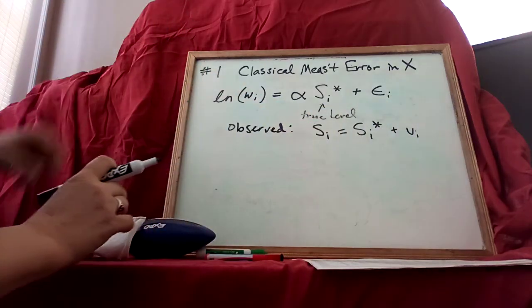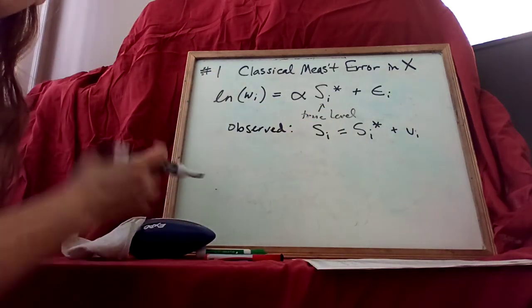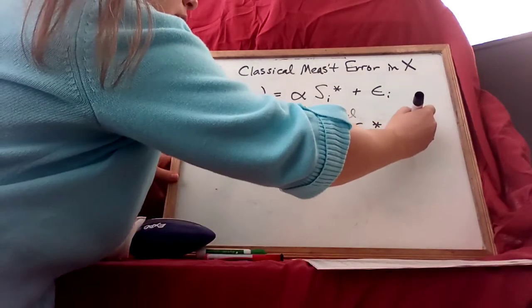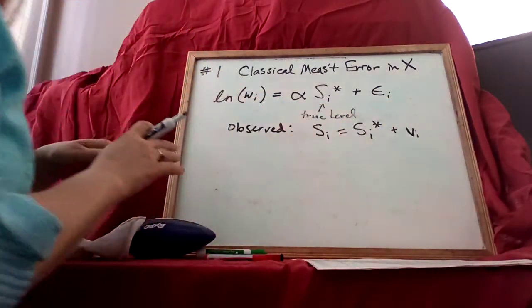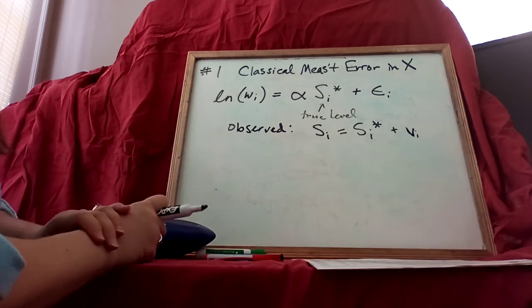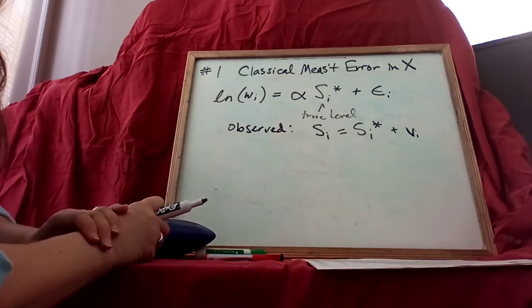It's the true level of education plus an error. And keep in mind the error could be positive or negative. And so v_i is, again, a well-behaved, mean zero error term. But it suggests that S_i is not dependable as a measure of S_i star.